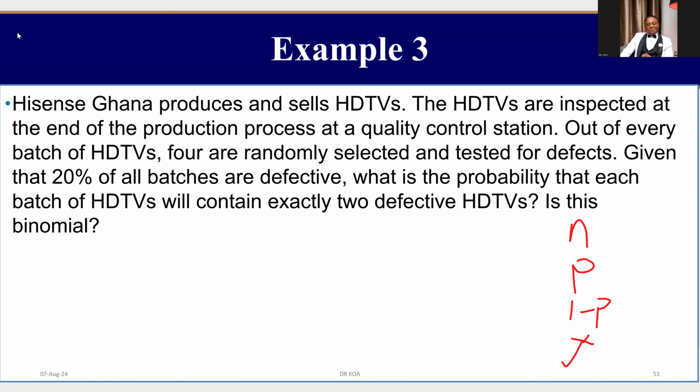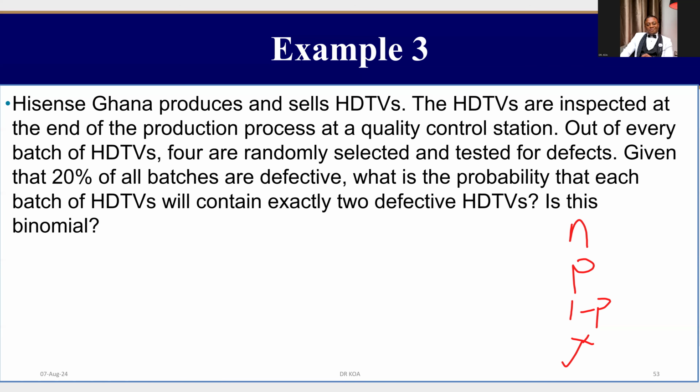So what is a sample size here? This is quite tricky, but it's also cool. This is very practical as well. So try and understand the story here. There are a lot of HD TVs.